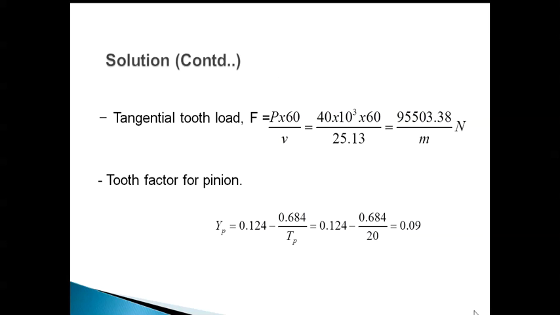Here the tooth factor for pinion is YP equal to 0.124 minus 0.684 by TP. Since we know the value of TP, YP equal to 0.09 is the tooth factor for pinion.